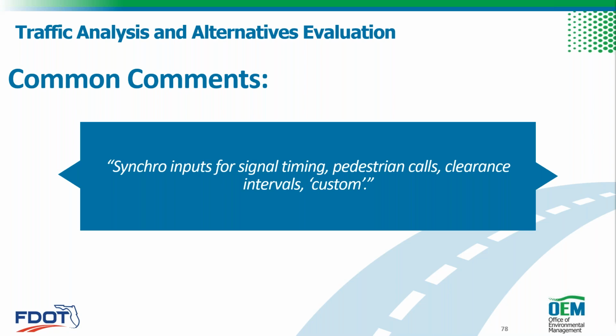You want to review things like pedestrian walk time, make sure that that's adequate. You want to look at your clearance intervals, all red and yellow time, to make sure that those also make sense for the intersection. In Synchro, you want to avoid custom signal phasing. That can lead to some pretty odd results sometimes. And then you just want to review your other inputs, like your lane geometry, make sure that those match either your existing conditions or your build alternative that you're analyzing.